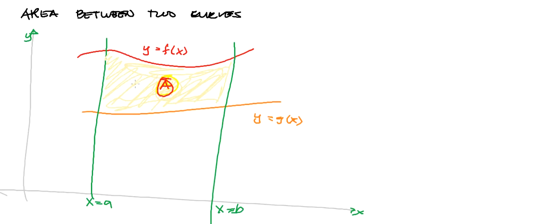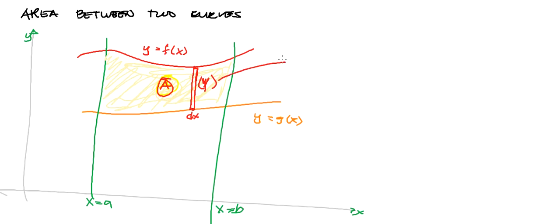So like what we have done before, we need to take the vertical element and some dx. So you see, this is our vertical element and some dx. How can we determine the length of this vertical element?